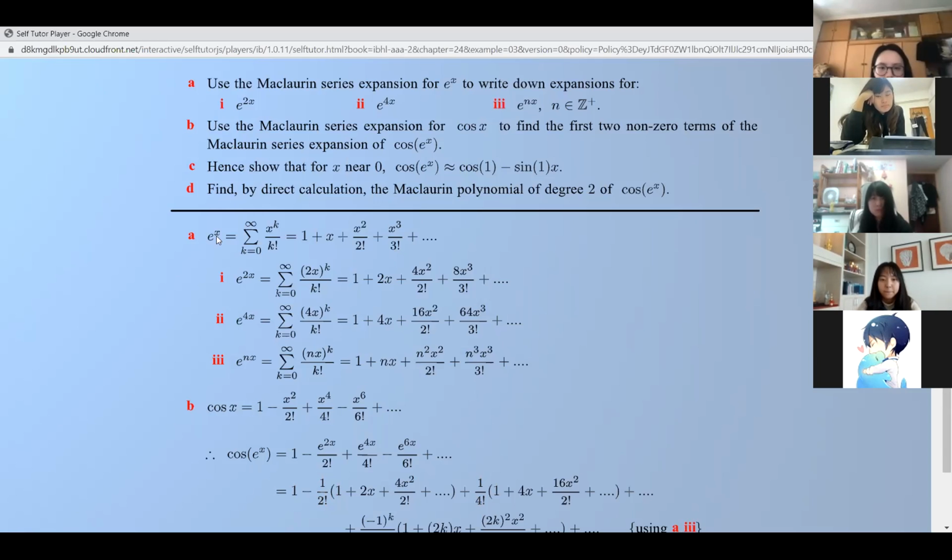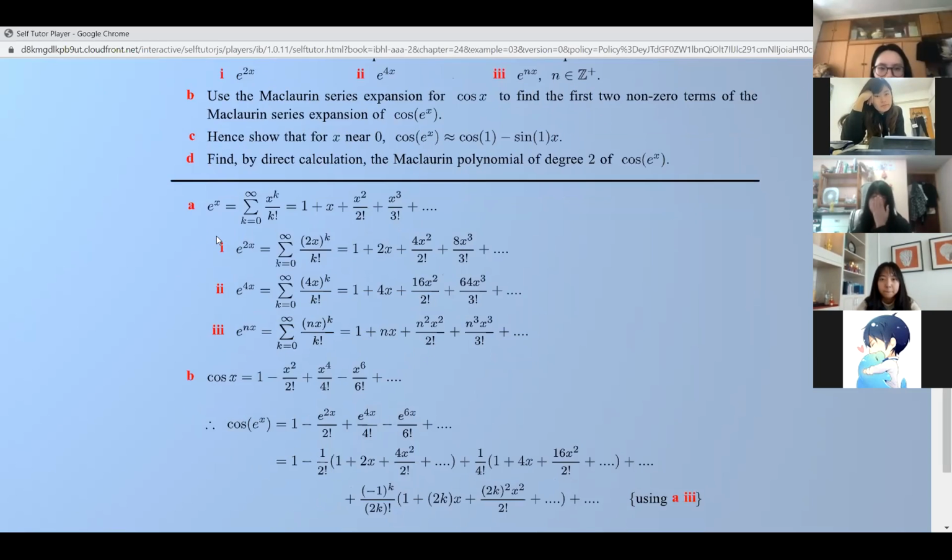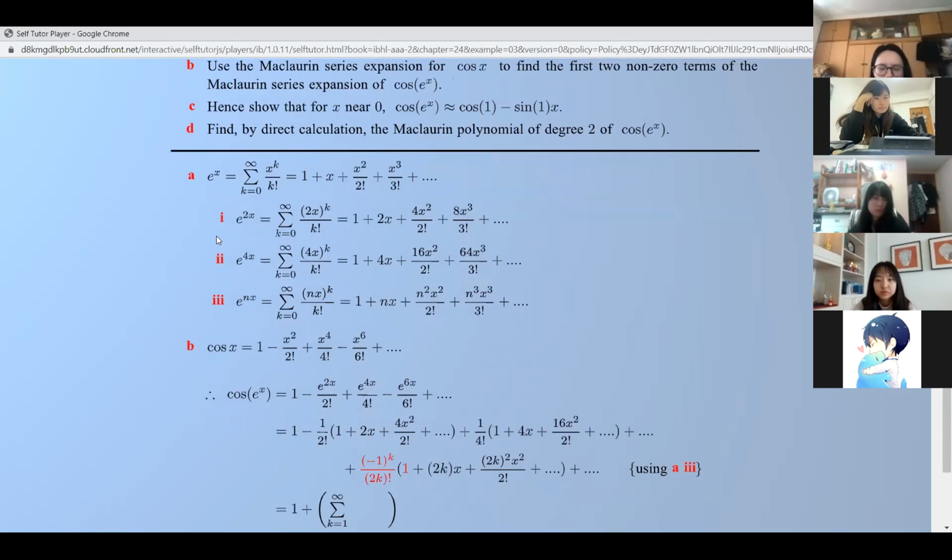So, we summarize the constant as 1 plus the sum from k equals 1 to infinity, and use the constant from the general term involving e to the 2kx.